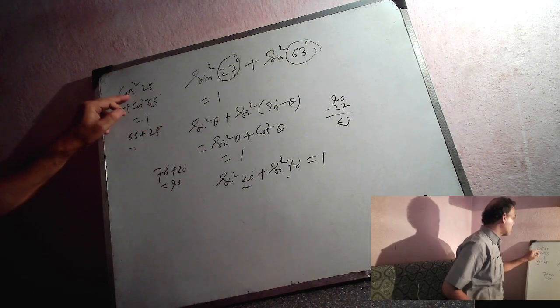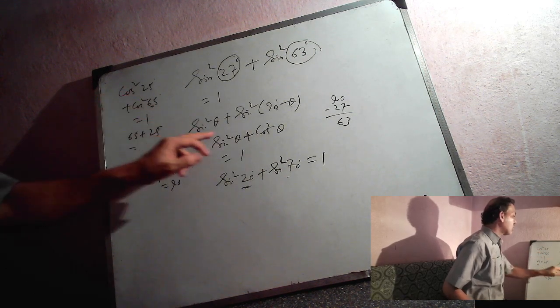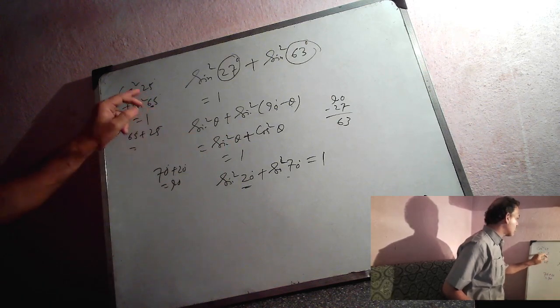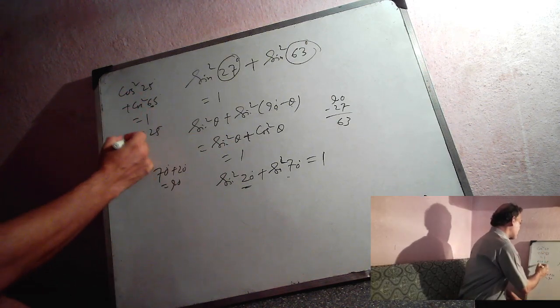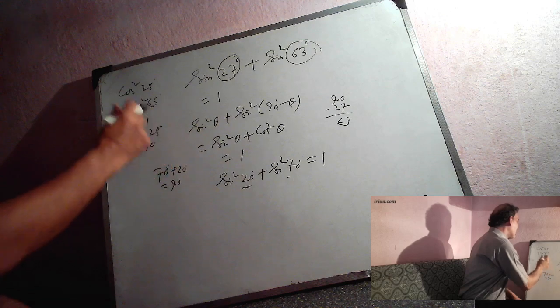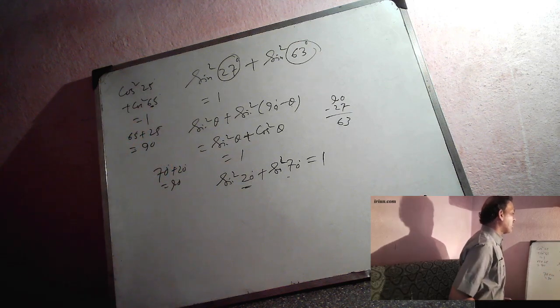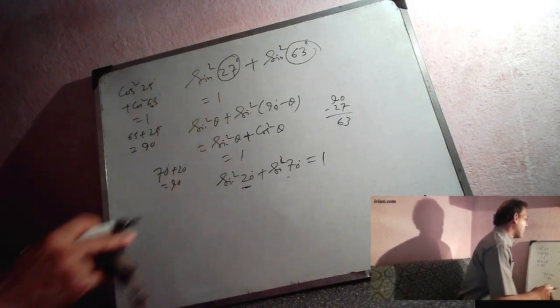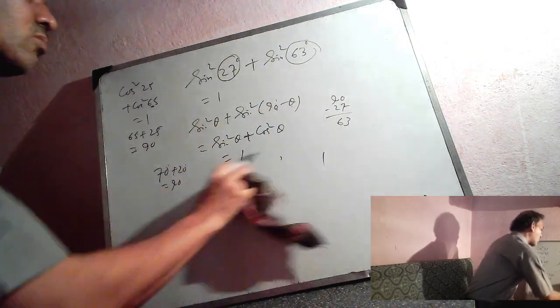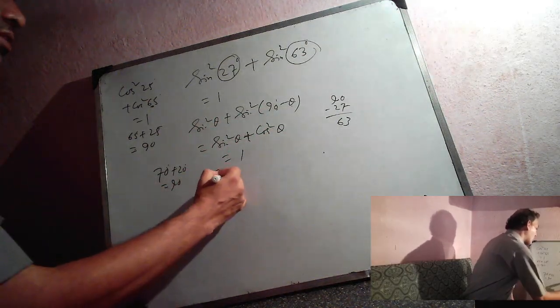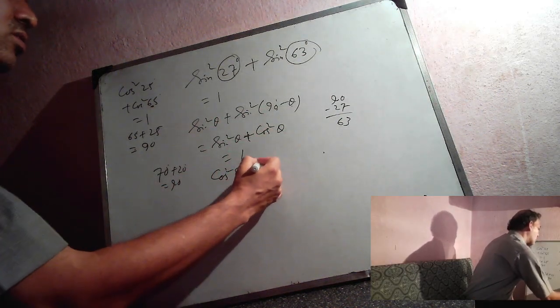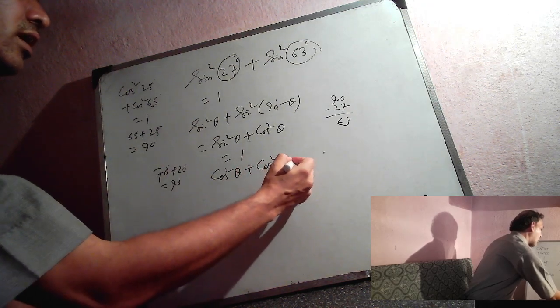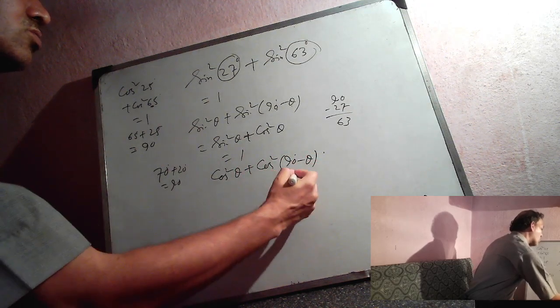But both should be either cos square or sin square and their sum should be equal to 90. 65 plus 25 is 90. So we have the formula sin square theta plus sin square 90 minus theta equals 1, or cos square theta plus cos square 90 minus theta also equals 1.